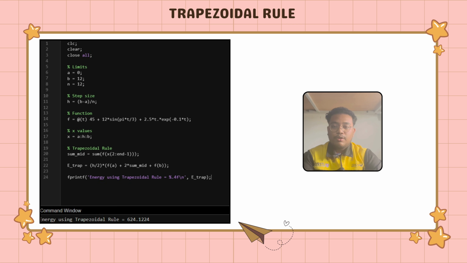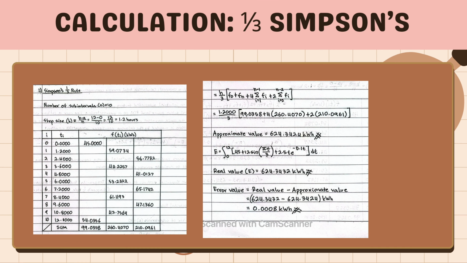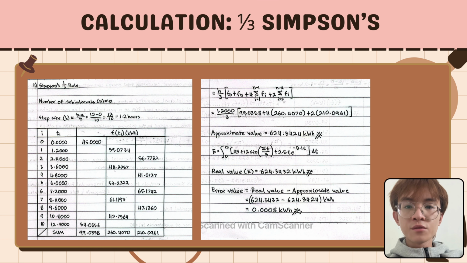Then we put in our x values function. So we get a fully functioning trapezoidal rule code. The output energy that the trapezoidal rule gets is 624.1224.